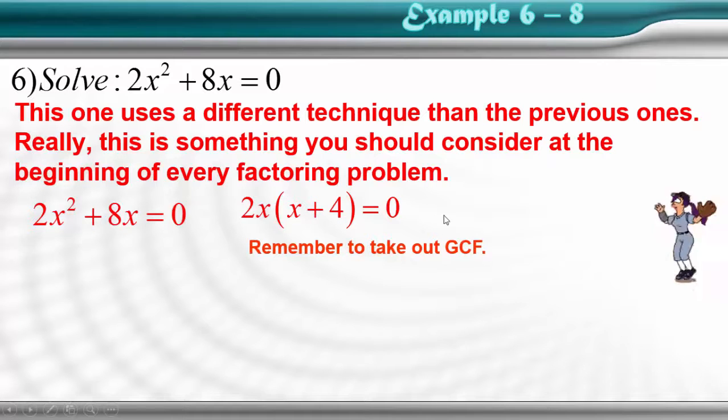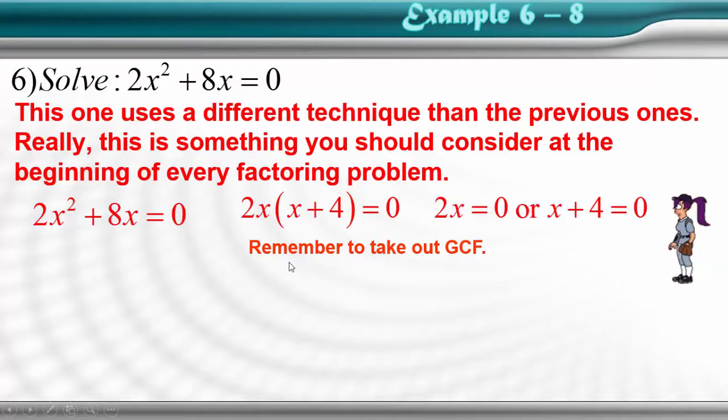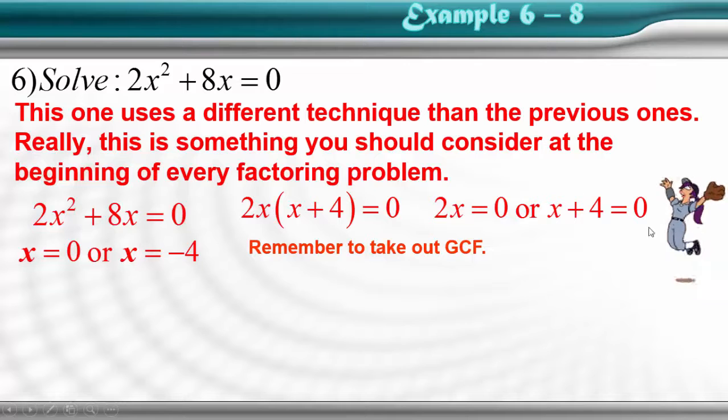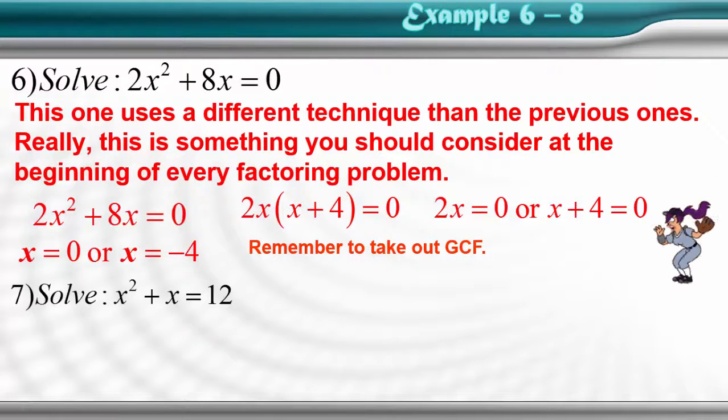Remember, we take out the greatest common factor, and in this case, the greatest common factor is 2x. We find that x would be equal to 0 in the first one because 2x, if we divide both sides by 2, we get 0 over 2, which means x will be equal to 0 here. And then, of course, for this one, x will be equal to negative 4, which we solve in the usual algebraic way. In example number 7, we're asked to solve x squared plus x is equal to 12.